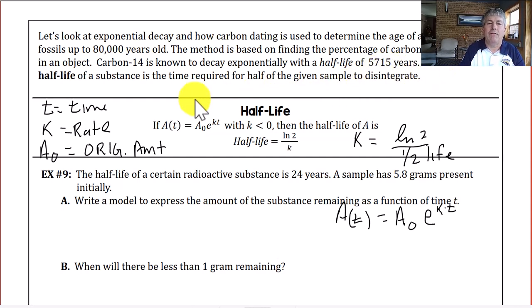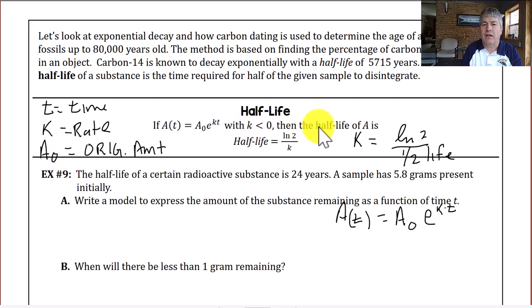So the half-life is the amount of time it takes the substance to decay to half of what its original amount was. So let's take a look at our half-life formula. If A of t equals a sub 0 times e to the kt, and remember t is time and k is some particular rate, and a sub 0 is our original amount, or our amount at time 0.